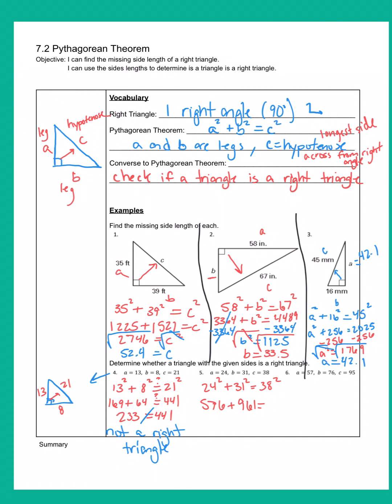And then we do the 38 squared, which is 1,444. And then we add up the like terms on the left. And we find out that they are not equal. So again, I would say that no, this is not a right triangle.